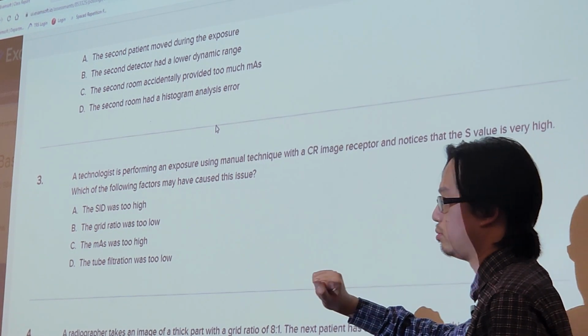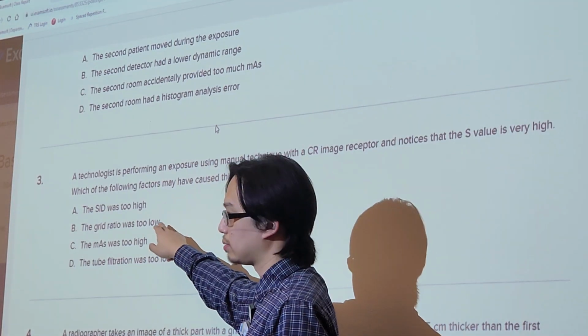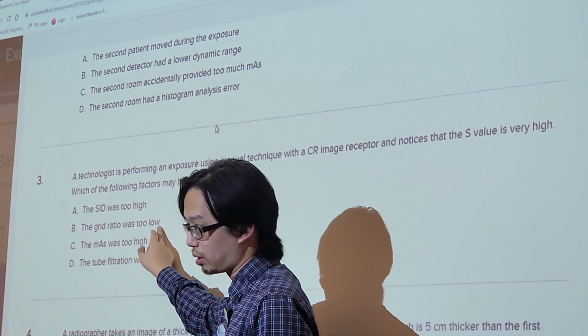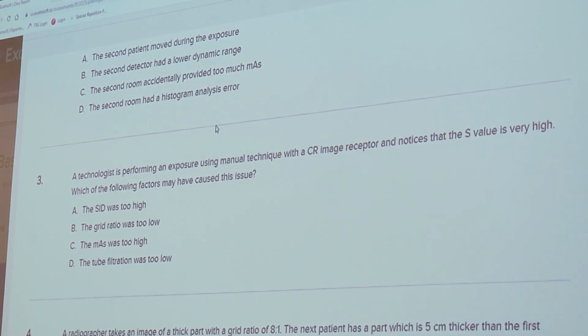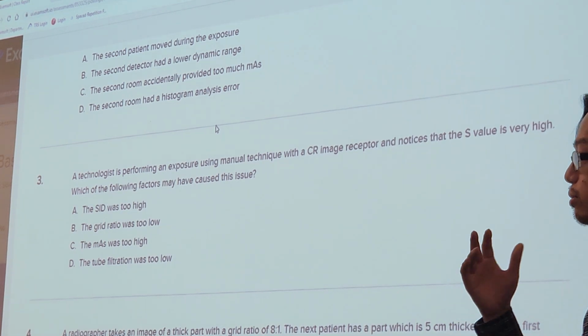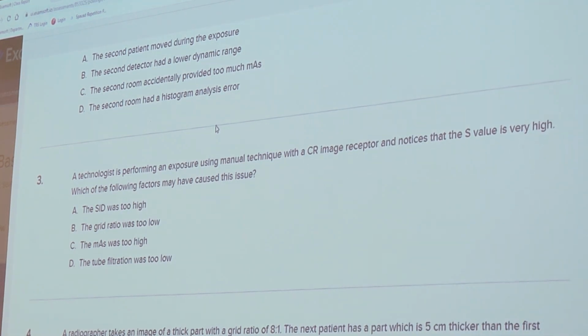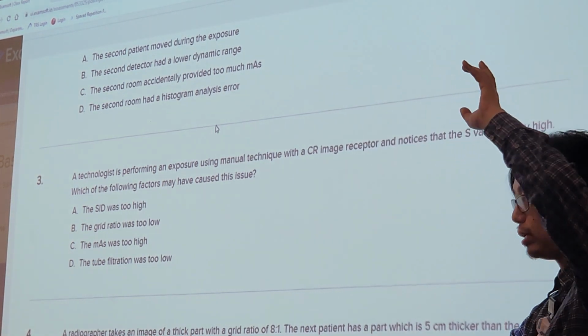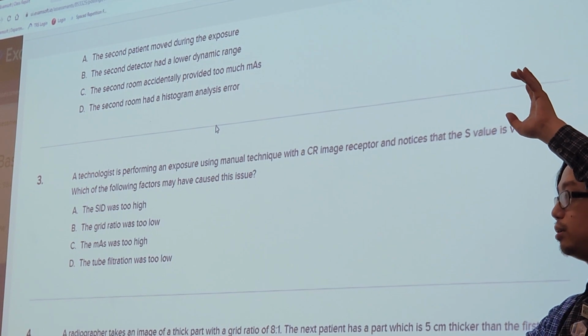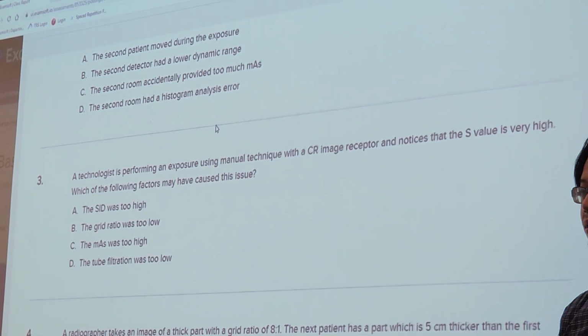So the too low here is your key part of that answer choice. If we said the grid ratio was too high, now we could say yes, that means we're going from no grid to some sort of grid. But if we're saying too low, that means we went from a really high grid ratio down to something lower. If you go from a high grid ratio to a low grid ratio, you increase the number of X-rays reaching the IR, which is not what should be happening.